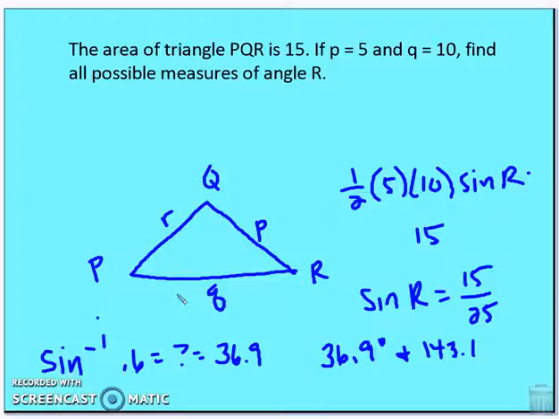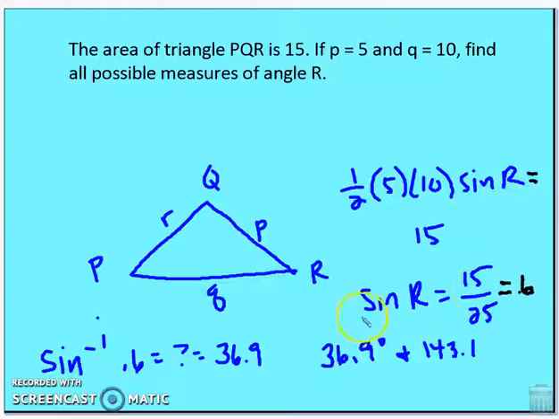The area of the triangle is 1/2 times 5 times 10 times sine of R, and that's equal to 15. 1/2 of 5 times 10 is 1/2 of 50, or 25. So 25 sine R is equal to 15, or sine R is equal to 15 over 25, or sine of R is equal to 0.6.